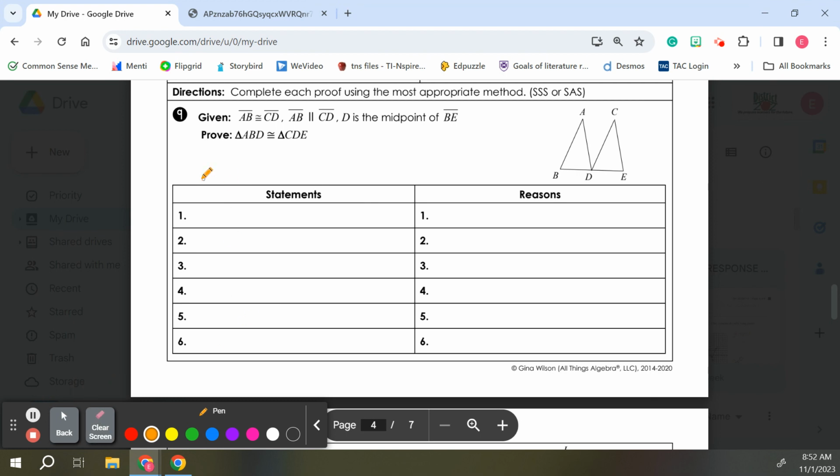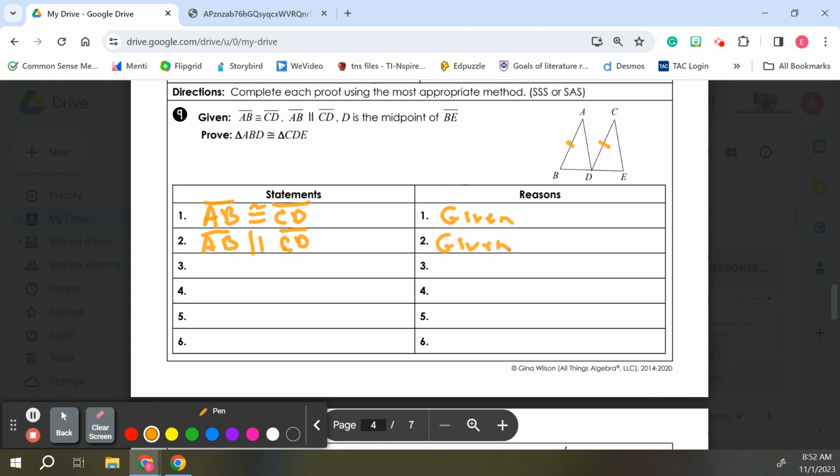All right, so we're going to start with AB is congruent to CD. That's given to me. They're saying AB is parallel to CD. So AB is parallel to CD. Good job, Izzy. Proud of you.